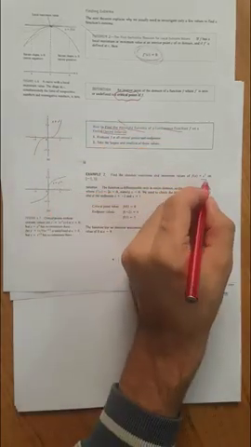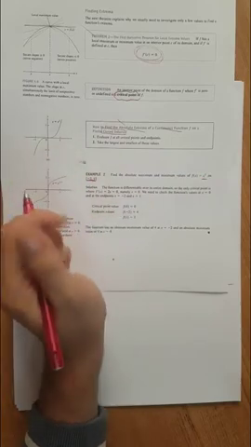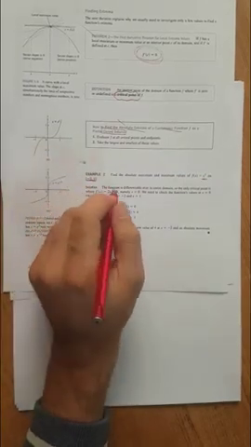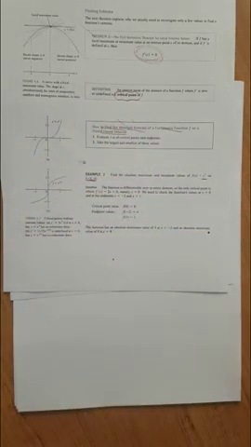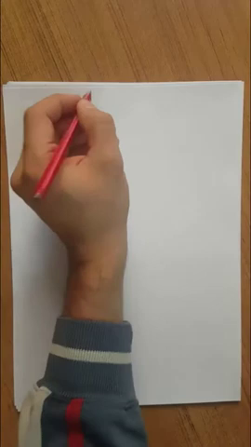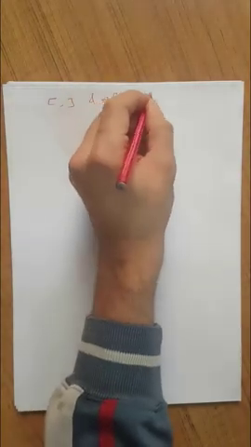Here's the function and here's the closed interval. So how do we find the critical point? How do we find the extrema, the maximum and minimum? So we have a closed interval, and we need to find extrema.